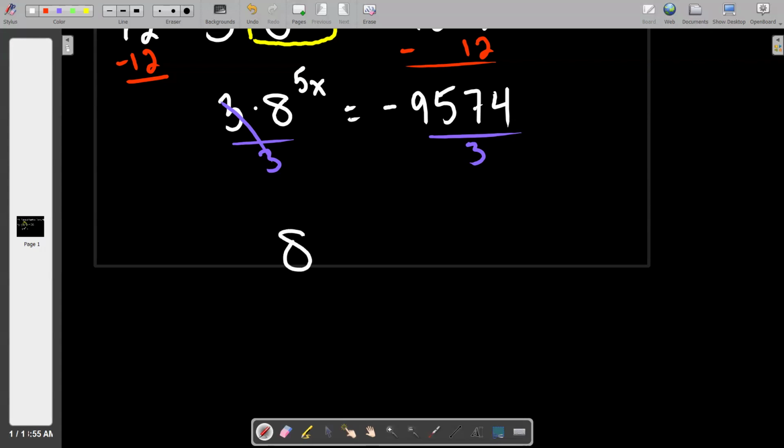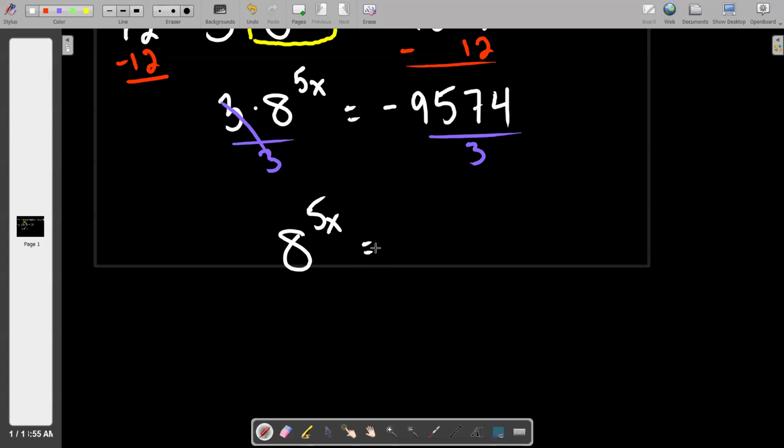And I'm going to get 8 to the power of 5x equals whatever this is. It's not going to come out evenly. Much like Thursday, if you do not have a calculator in front of you, you'll get less out of today's lesson than someone who does.